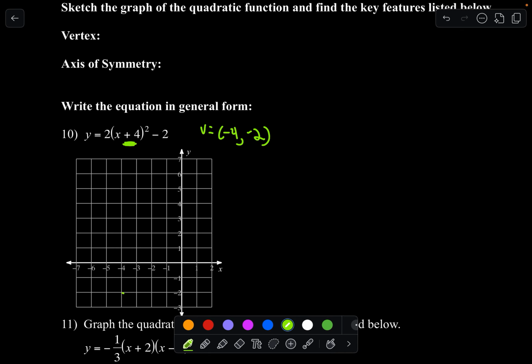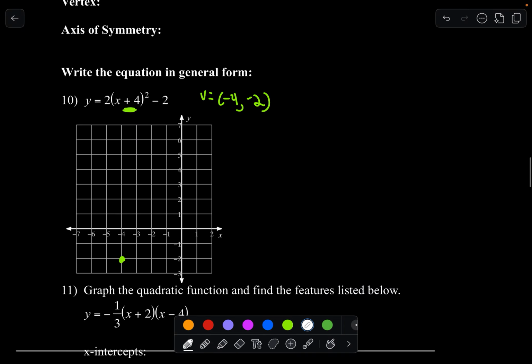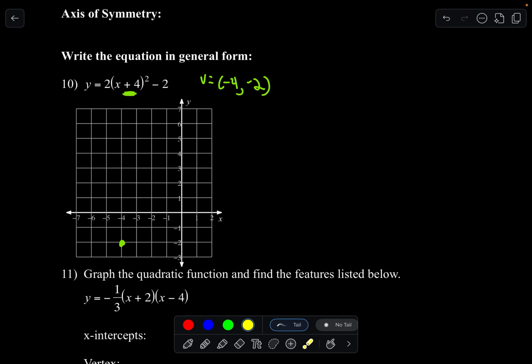So there's my vertex. Now from the vertex, you would go over 1 and square it. Normally you would go up 1, but since we're multiplying by 2, that stretching factor, we go over 1, squared is 1, and go up 1, 2. So we have a dot right there.